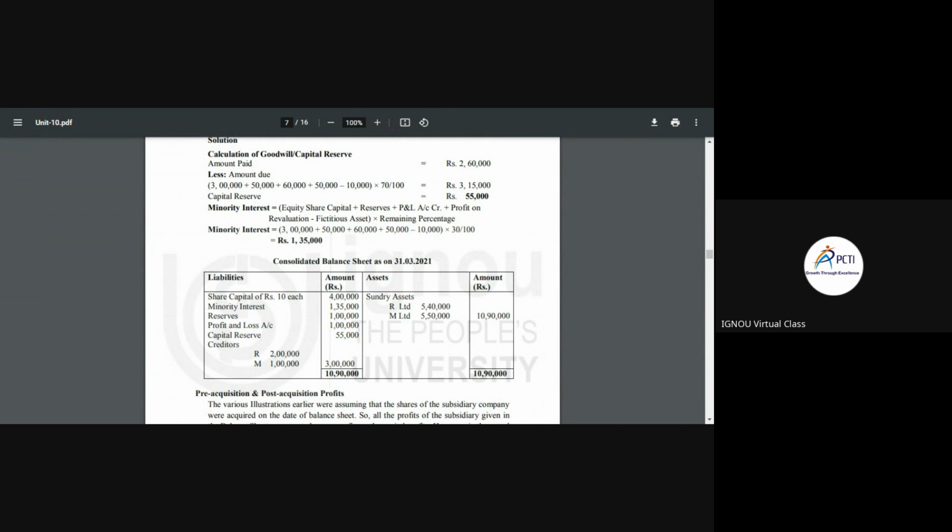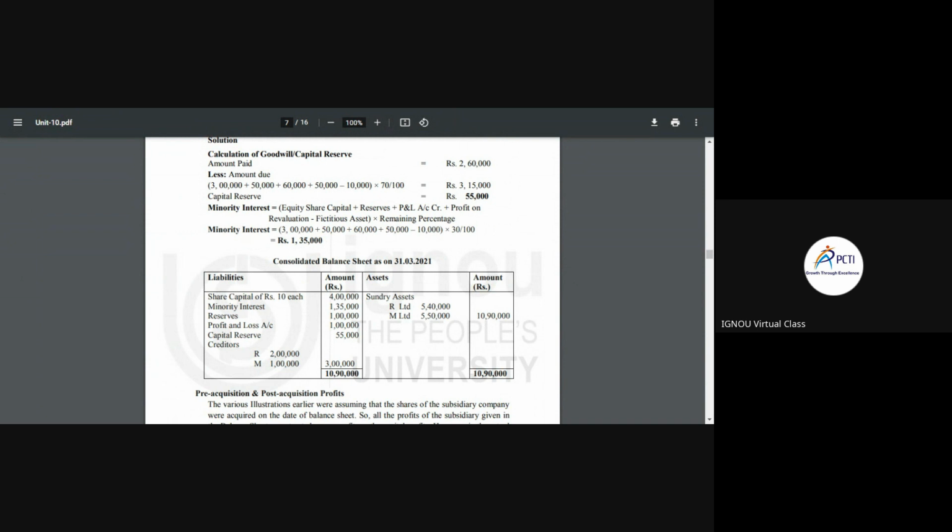Now we will prepare the consolidated balance sheet as on 31st March 2021. On the liability side: share capital of rupees 10 each, 4 lakh; minority interest 1,35,000; reserves 1 lakh; profit and loss account 1 lakh; capital reserve 55,000.